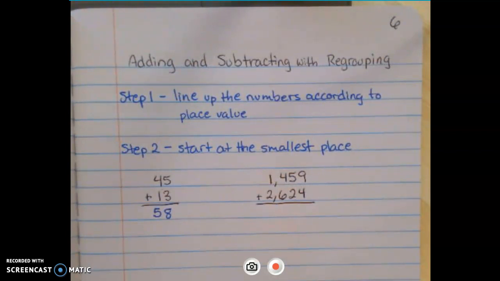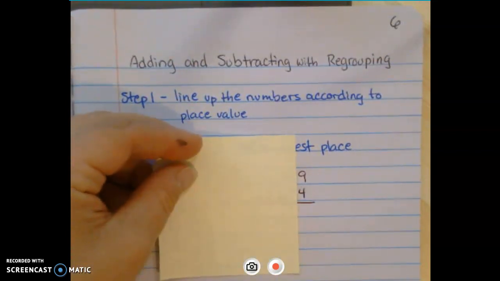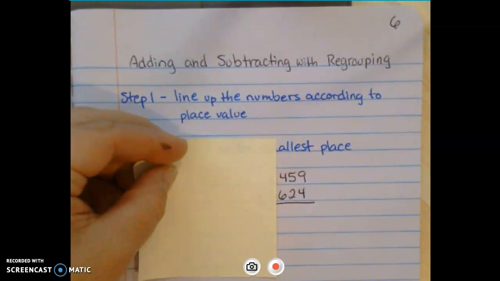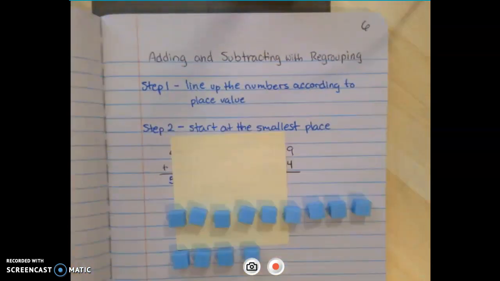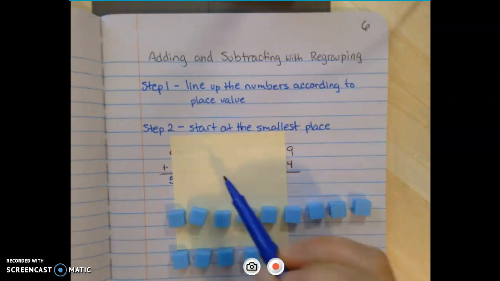Notice again that I've lined my numbers up based on the ones, tens, hundreds, thousands place. Okay, just to show you, I have set up 9 ones plus 4 more ones. Well, if I add 9 and 4, what do I get? 9, 10, 11, 12, 13.